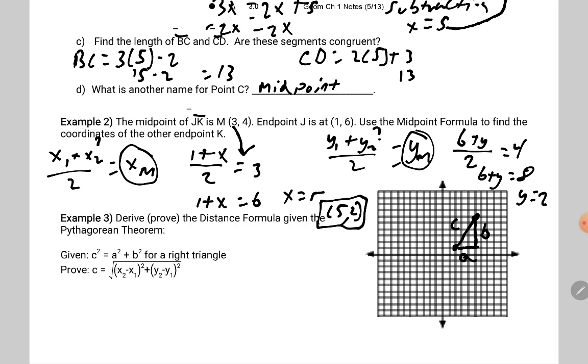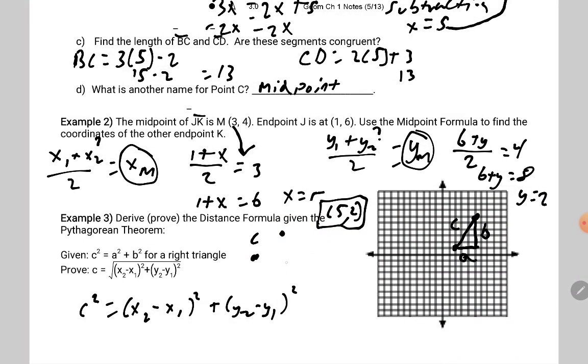But if you remember from your algebra, how do I get rid of a square root? I square both sides, so I have C squared equals x2 minus x1 squared plus y2 minus y1 squared. But what does this mean, x2 minus x1 and y2 minus y1? If I have, let's say the 2 points again, so here's just redrawing it, C, and this one is x1, y1, and this one's x2, y2.